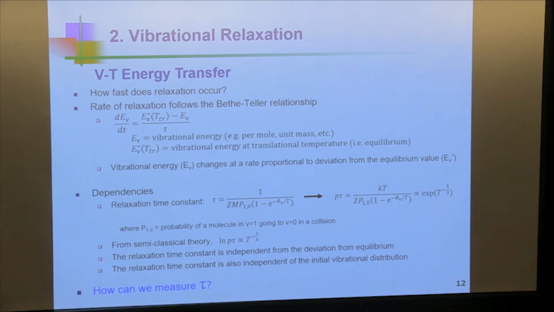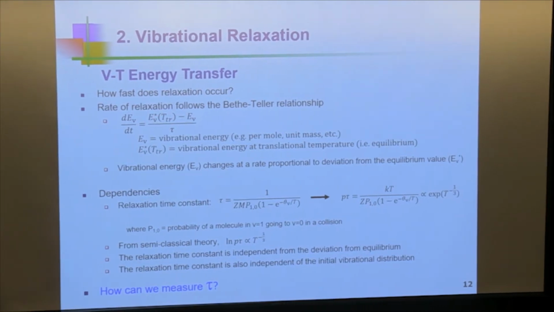When you see a linear equation like that, it's often called a relaxation equation. So it says that the rate of change of e_v is proportional to the difference between its current value and its ultimate value, divided by a characteristic time tau. So that's the relaxation equation.